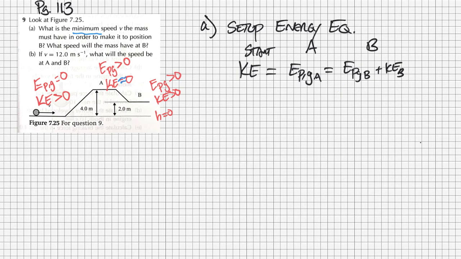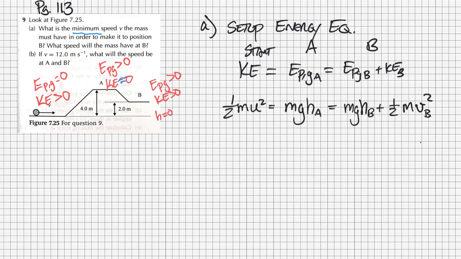So we could then rewrite this as 1/2 m u squared equals m g h of A, which is going to equal m g h of B plus 1/2 m v b squared.